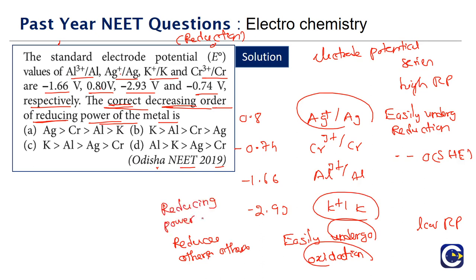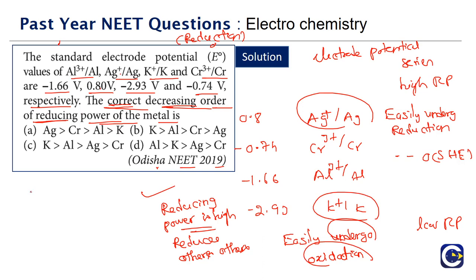Because when any material is able to easily undergo oxidation, it is able to easily reduce the others, meaning its reducing power is high. That's why the alkali metals have high reducing power. They are asking to arrange them in the decreasing order of reducing power. So where we will have high reducing power is at the bottom.